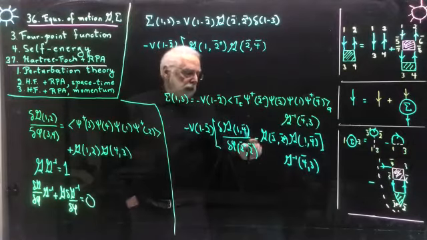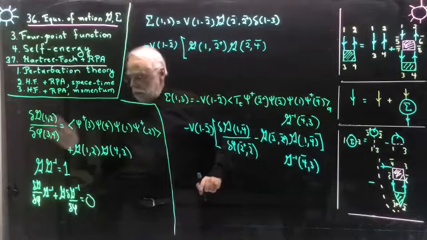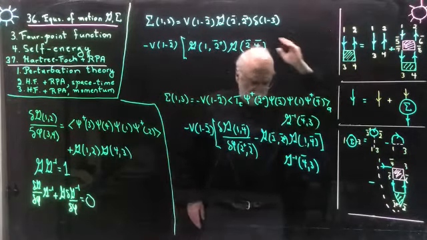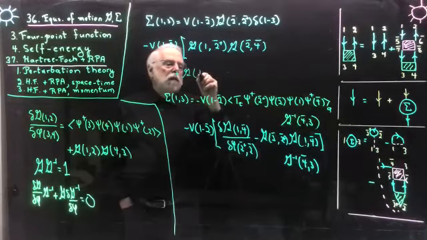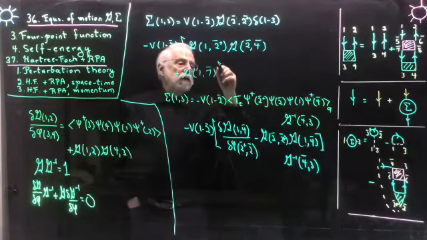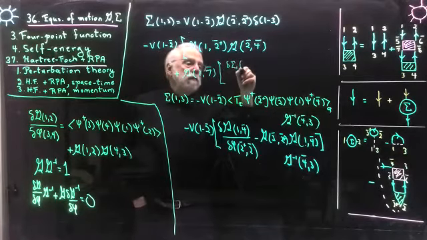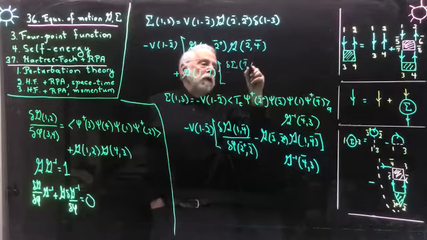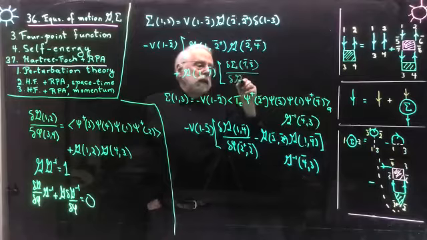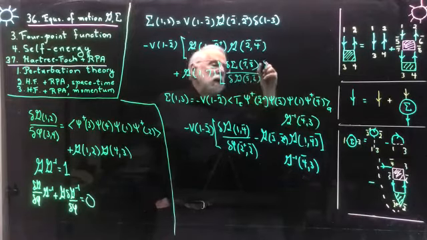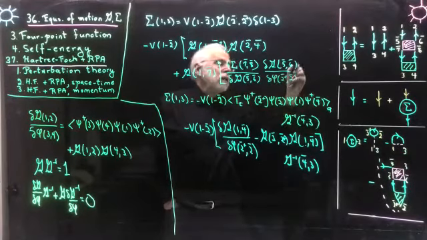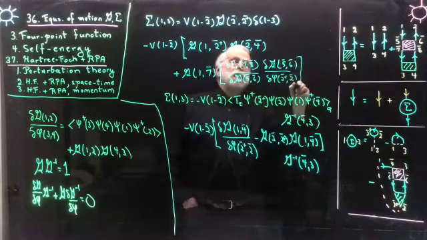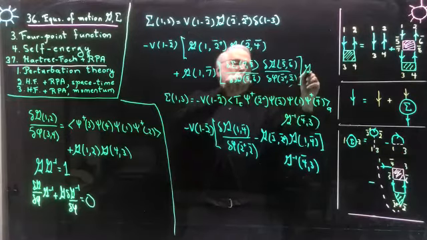And then we have this term. So we have plus G of 1 7 bar times delta sigma of 7 bar 8 bar, delta G of 5 bar 6 bar, delta G of 5 bar 6 bar delta phi 2 bar plus 2 bar times the G. But the G is attached to this.